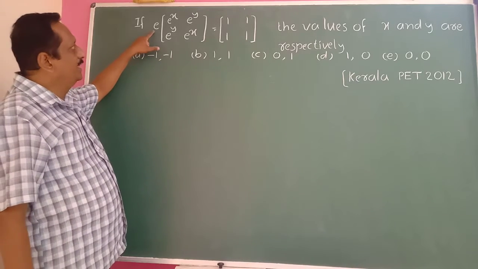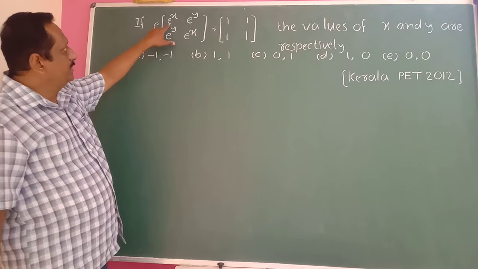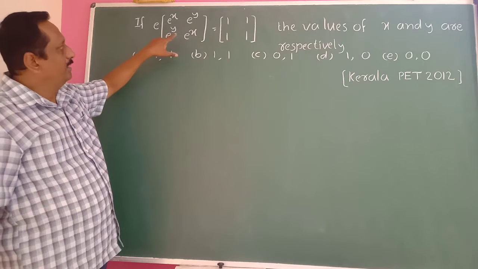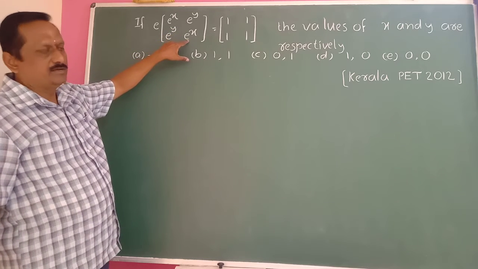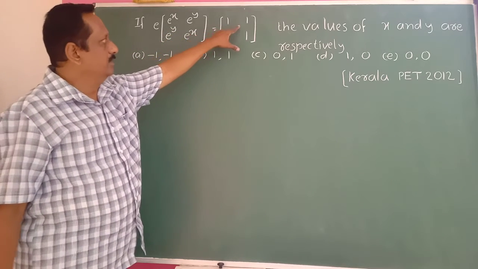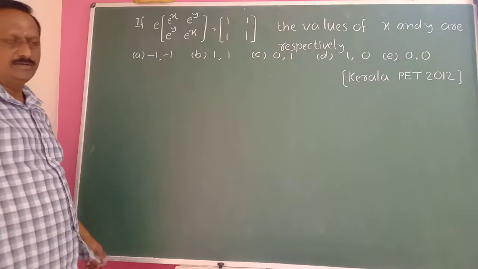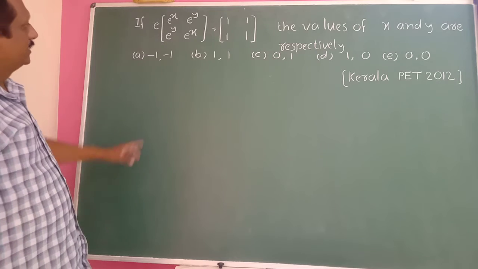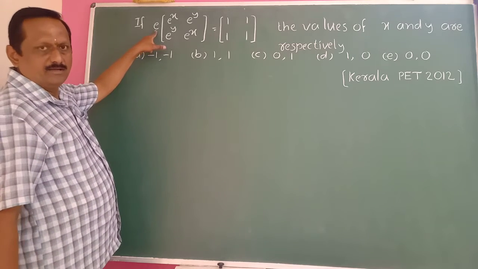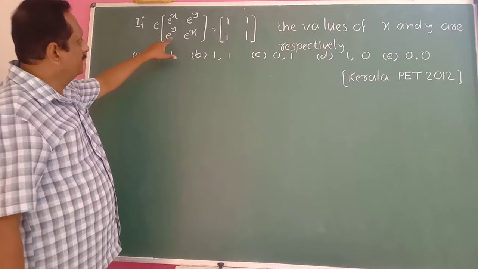Okay, if e into the matrix e raised to x, e raised to y, e raised to y, e raised to x is equal to the matrix 1, 1, 1 and 1, then find the values of x and y respectively. Therefore take this e inside, meaning multiply each element by e.